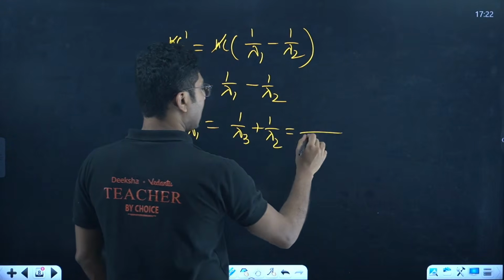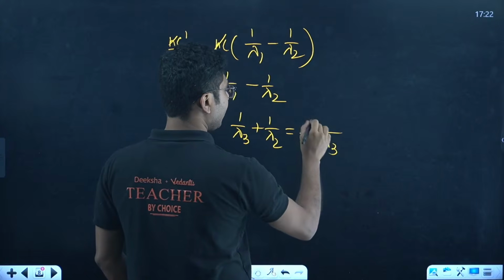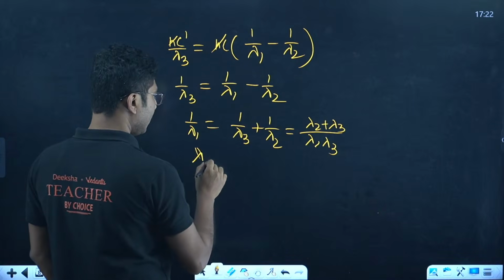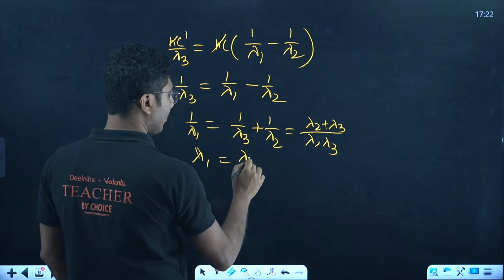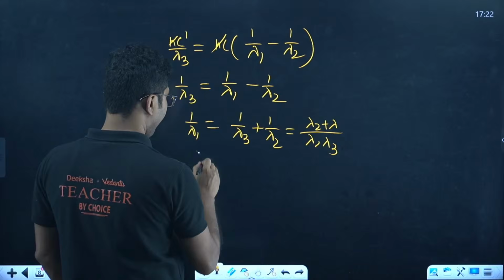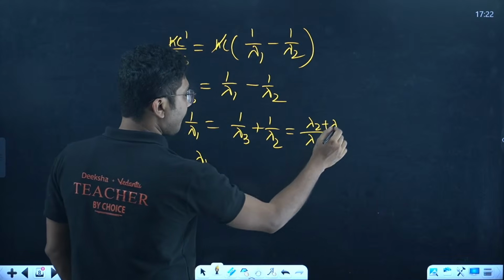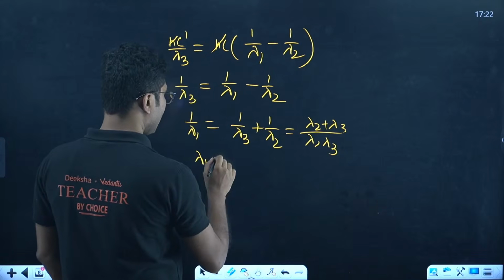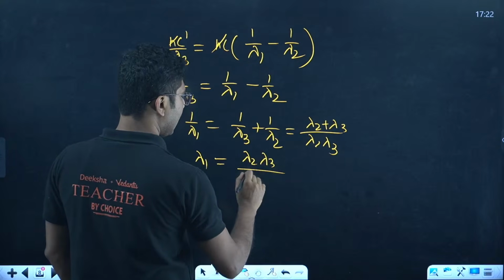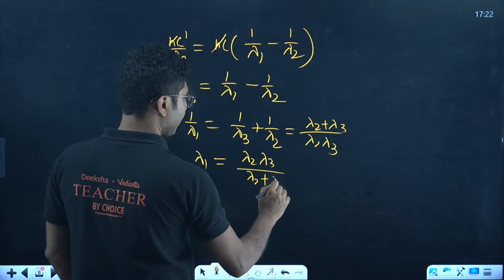That is lambda 2 lambda 3 into lambda 2 plus lambda 3, or lambda 1 equals lambda 2 lambda 3 by lambda 2 plus lambda 3.